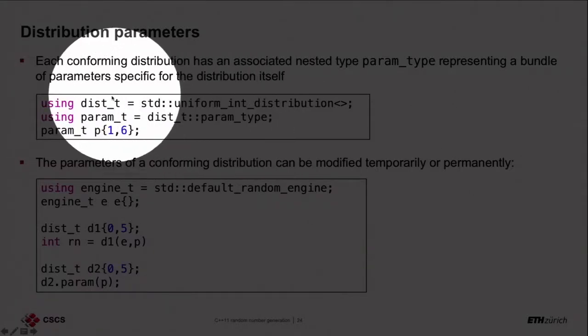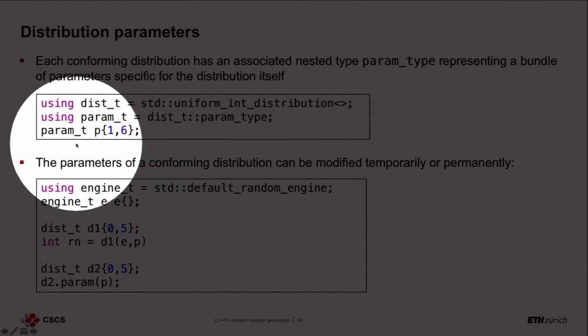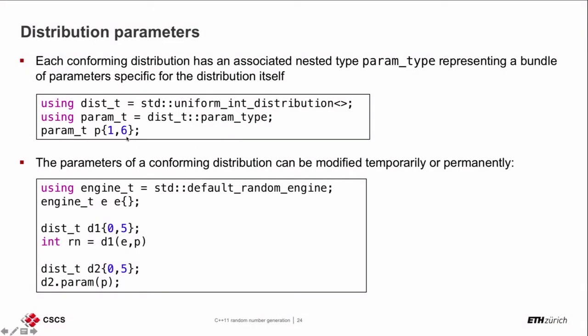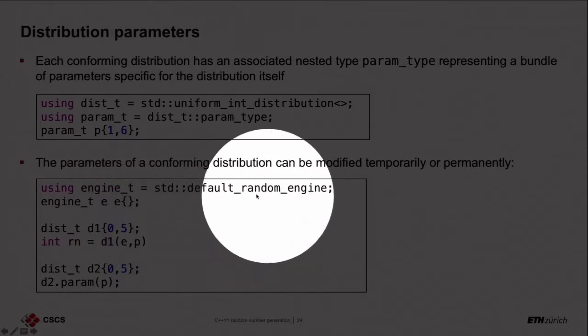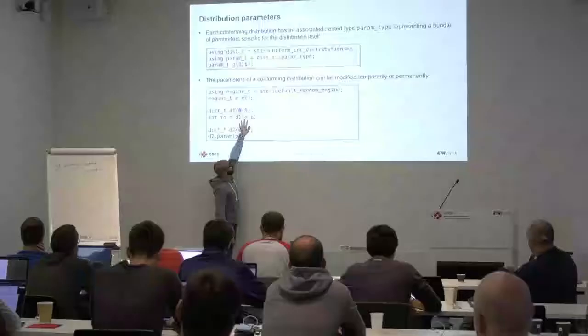You can have this uniform distribution that has as defining parameters the minimum set to 1 and the maximum set to 6. Then you have to define a random engine. I'm using in this example the default random engine, and then you can generate your number just by making a call to this method, providing only the first parameter, which is the engine.